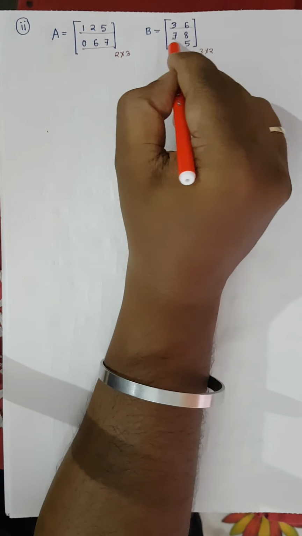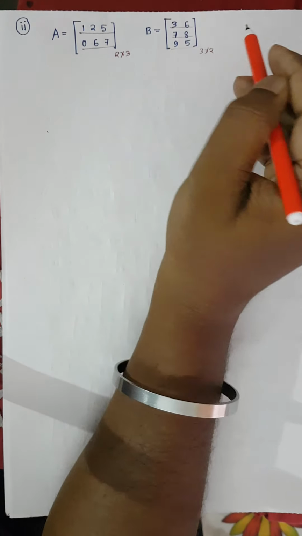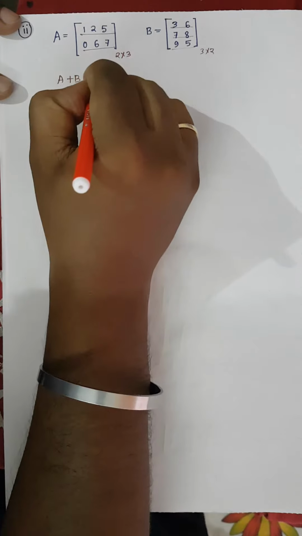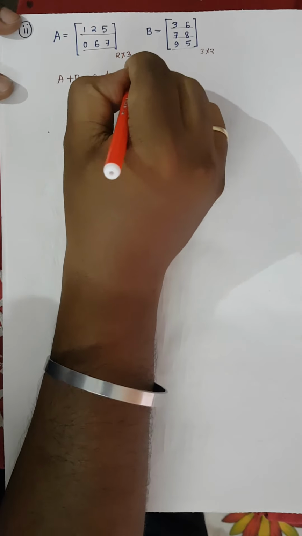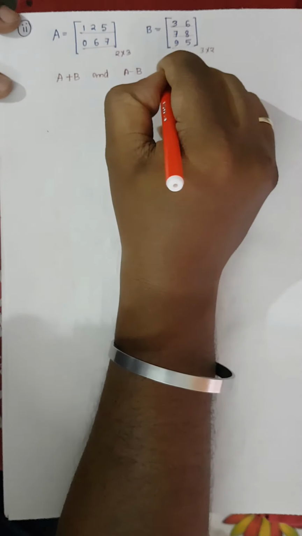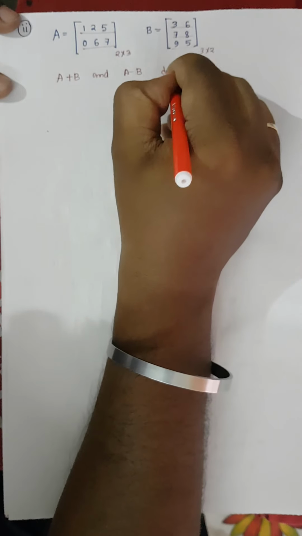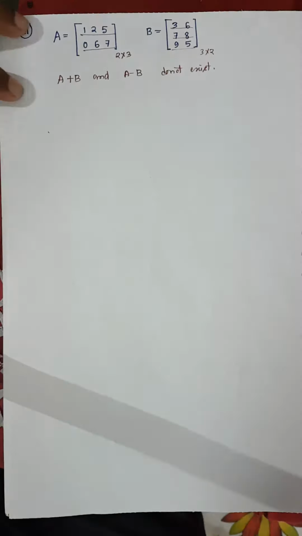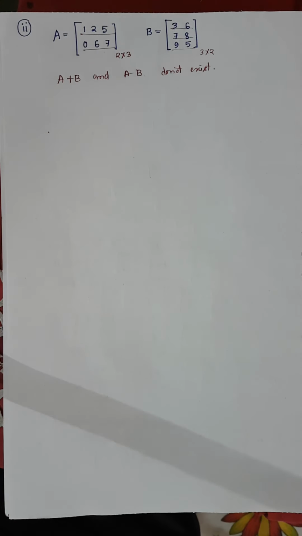It is 3 rows and 2 columns. So they are of different orders. So A plus B and A minus B do not exist. So you cannot find A plus B and cannot find A minus B.